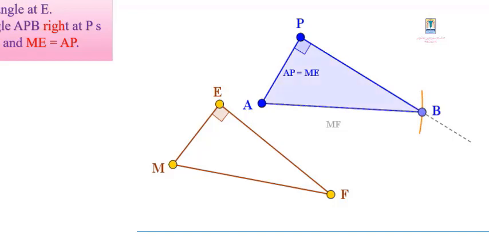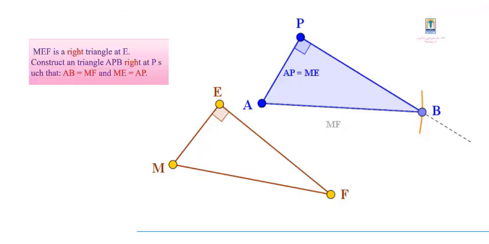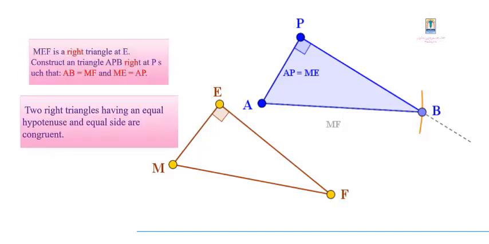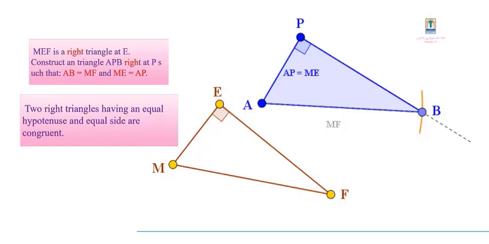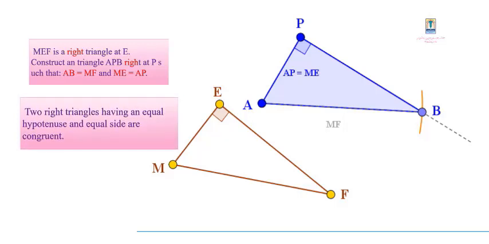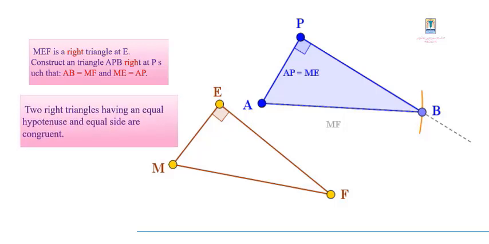Keep in mind that MF is the hypotenuse of the first right triangle and AB is the hypotenuse of the second right triangle. We have an equal hypotenuse and also we have another equal side. Then we could say in this case that these two triangles are congruent.